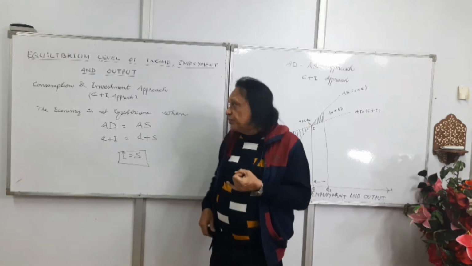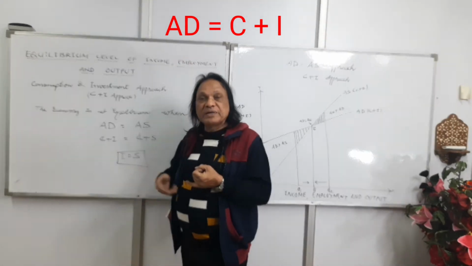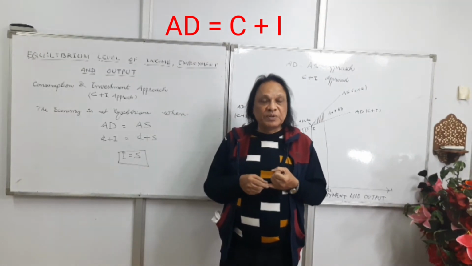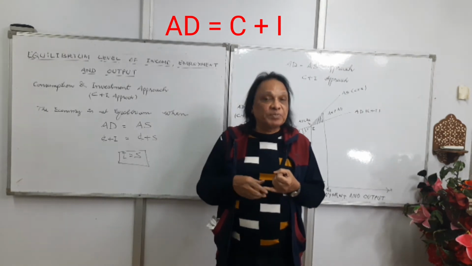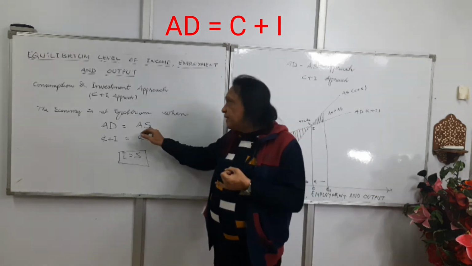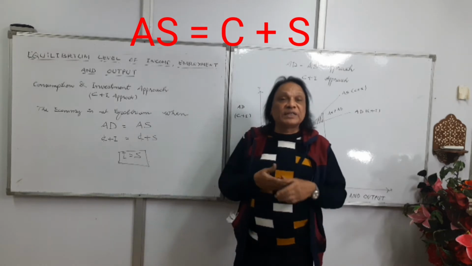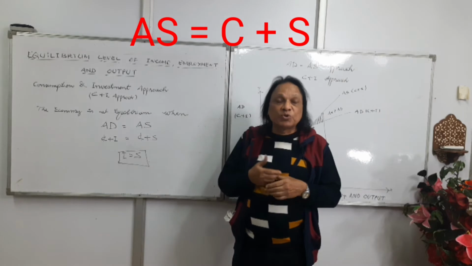We already know that AD stands for C+I, consumption expenditure plus investment expenditure. People demand goods in the economy either for consumption or for investment purposes. And what is aggregate supply? It's the total supply of goods and services, which in terms of national income is nothing but national income.